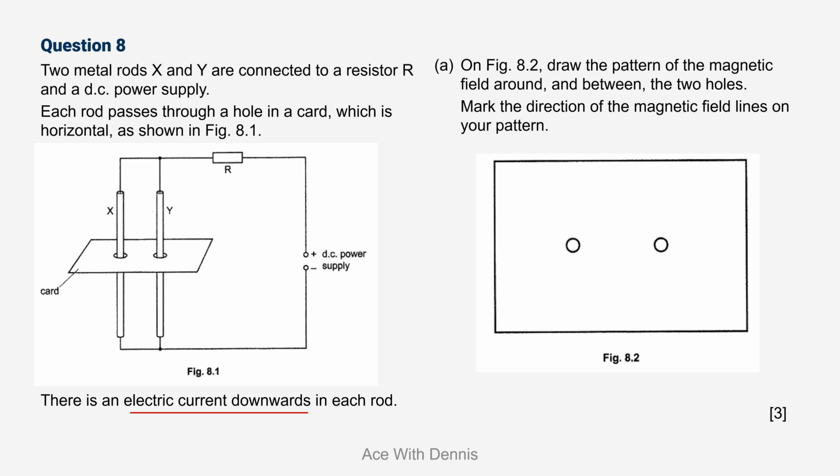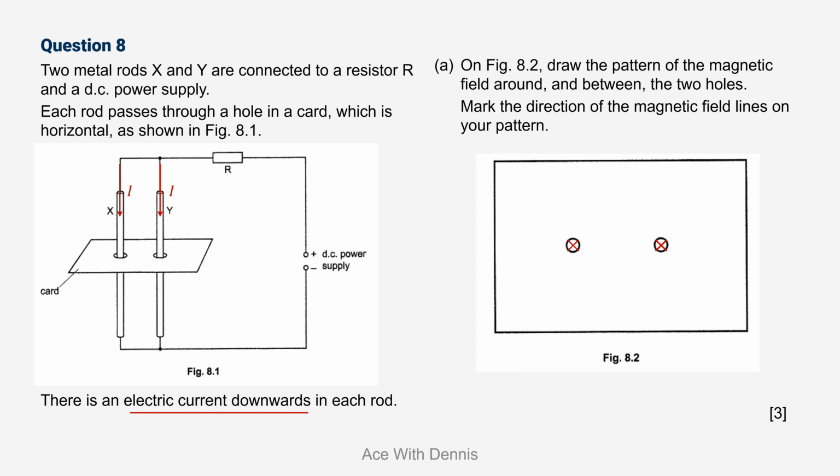So the question states that there is an electric current downwards in each rod. So on figure 8.1, we can draw the direction of current which is flowing downwards. This indicates that on figure 8.2, in the two holes, we can draw crosses inside, which indicates that the current is flowing into the card. Next, we use the right hand grip rule.